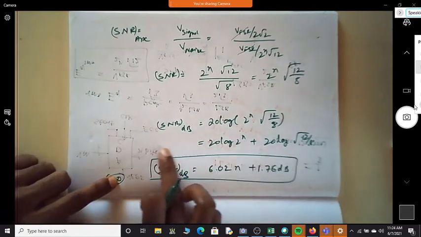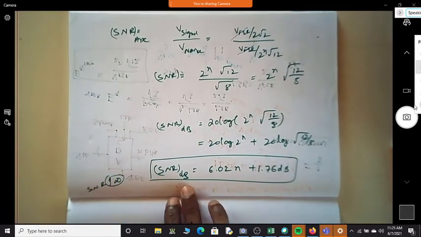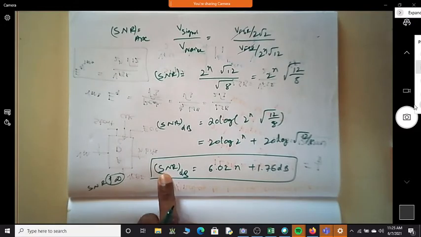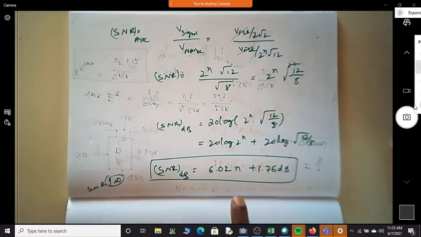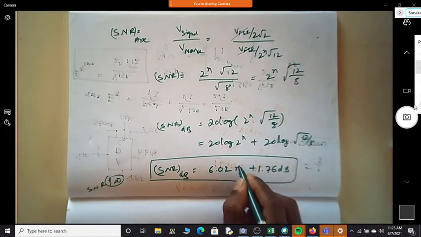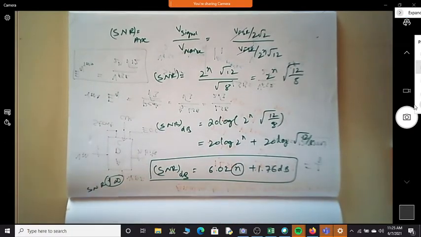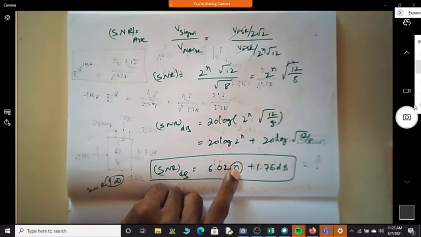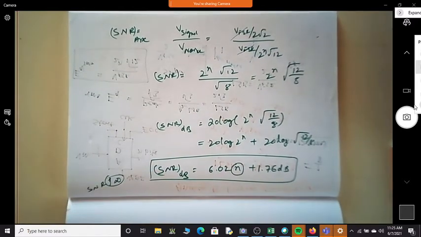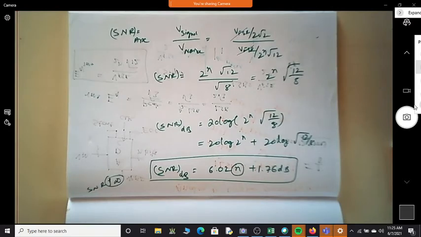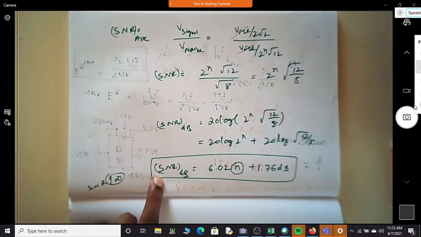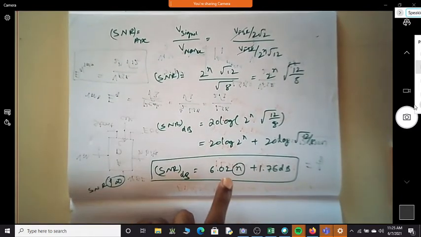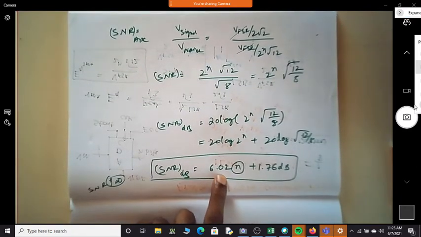Looking at this, what is the possibility of making the signal to noise ratio as high as possible? The only thing is that you have n as a variable. If you have more and more n, then the signal to noise ratio will improve.